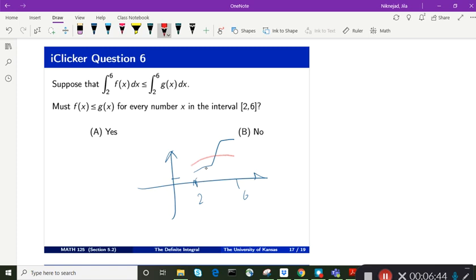This was g of x, and this one is f of x. It's a constant function. So the area where g of x is above f of x is more than the area where g of x is below, but f of x is not always below g of x. So the area of this one is bigger than that one, but g of x is not always bigger. So the answer to this one is also a no.